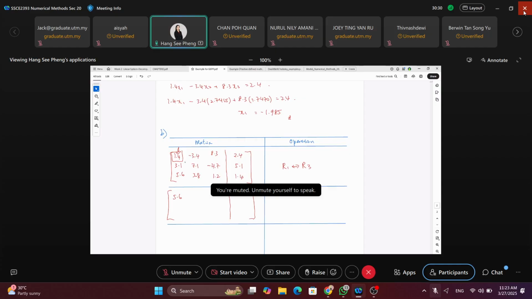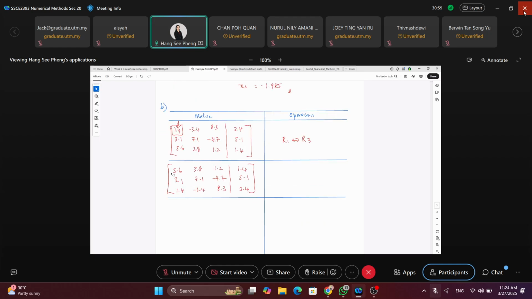Now remember, interchange the whole row, not only the number. So check again: this is the largest compared to the two values below it.